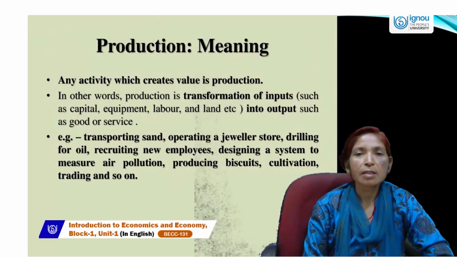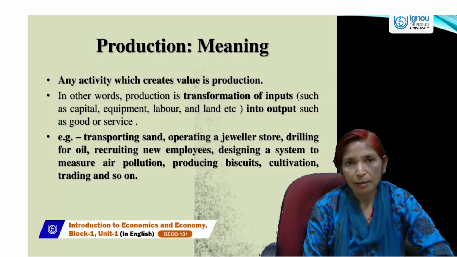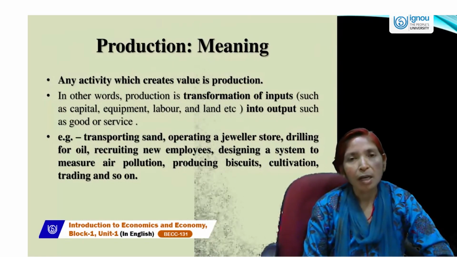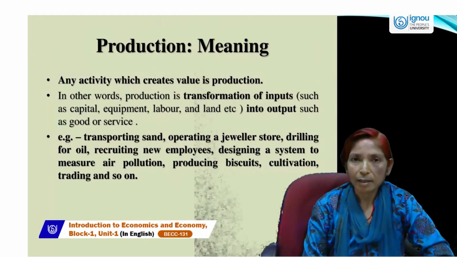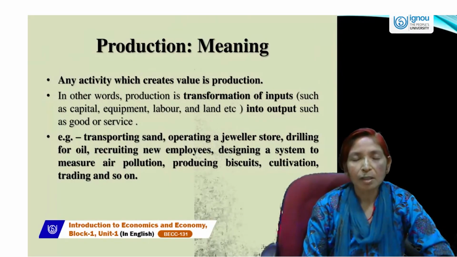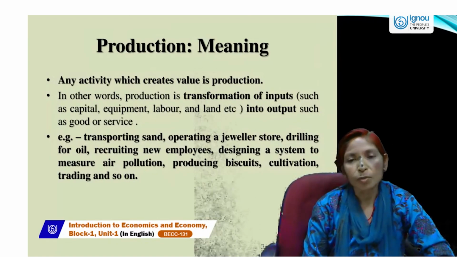You know that agriculture provides raw material to the industrial sector, and the industrial sector produces goods and services with the help of raw material which is provided by the agriculture sector. So production is the transformation of raw material to finished goods, or inputs to output.